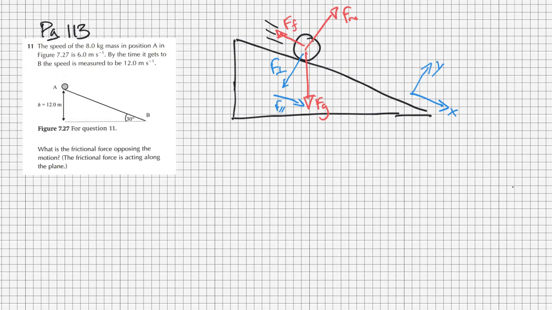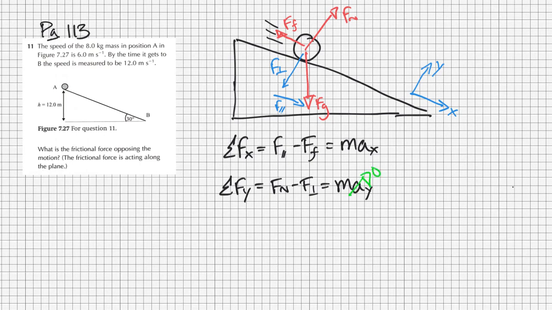Now, working through this, I'm going to set up my equations, right? The sum of the forces in the x direction is going to be the force of parallel minus the force of friction, and that equals mass times acceleration in the x. Sum of the forces in the y would be my force normal minus my force perpendicular equals mass times acceleration in the y.